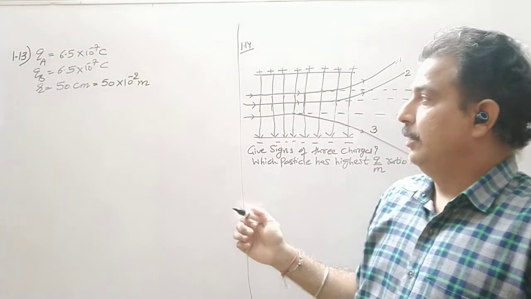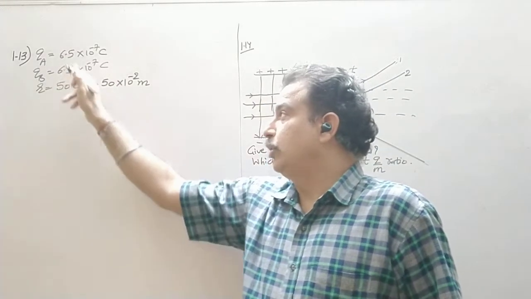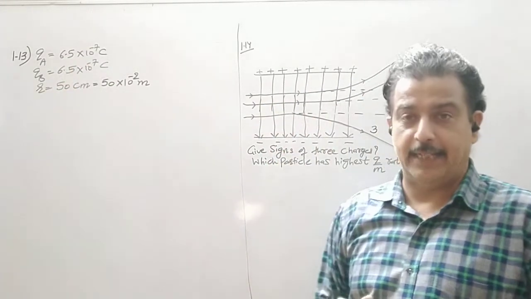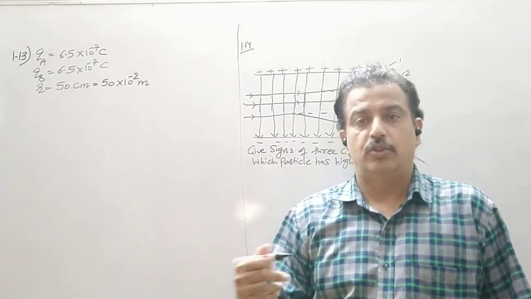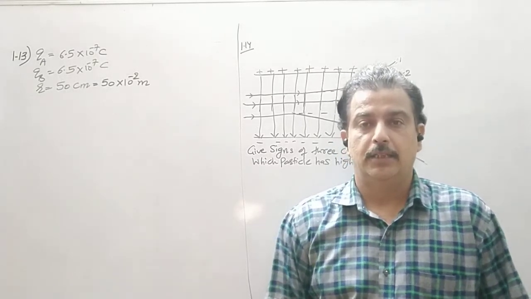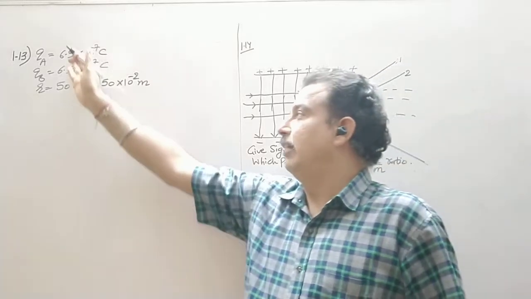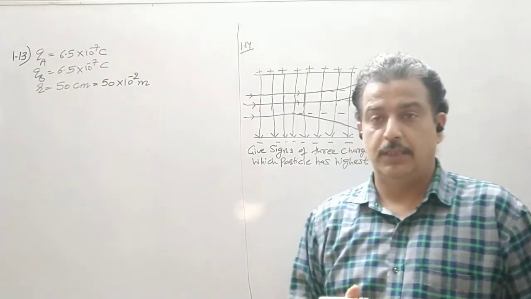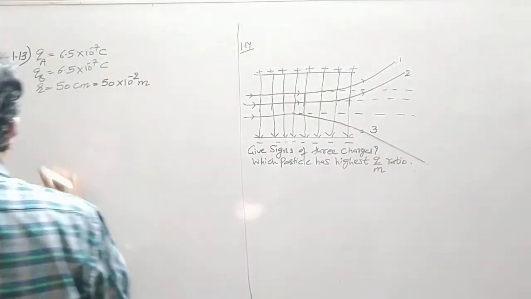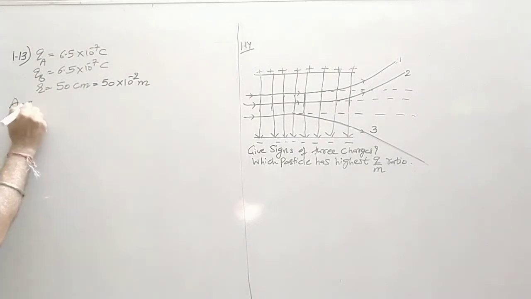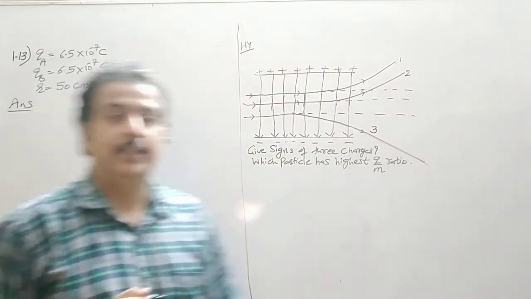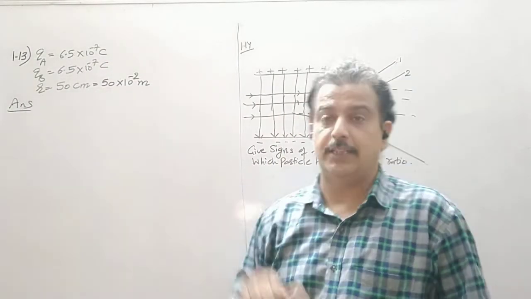Now, the values of both the charges are the same. So the solution becomes easier than if we had different values. Now, let us see what we have to find. The two spheres are separated by a distance of 50 centimeter.